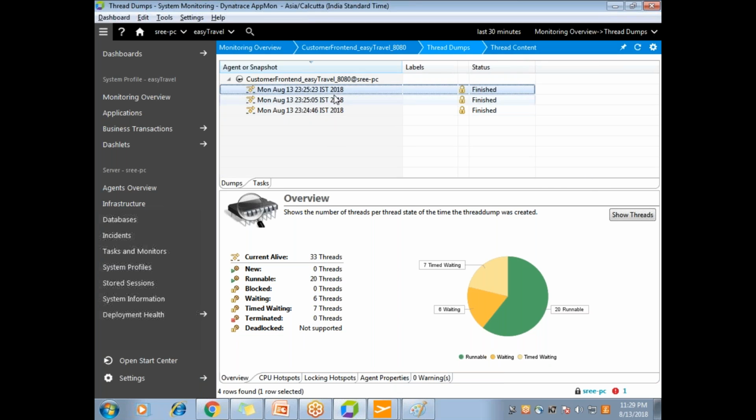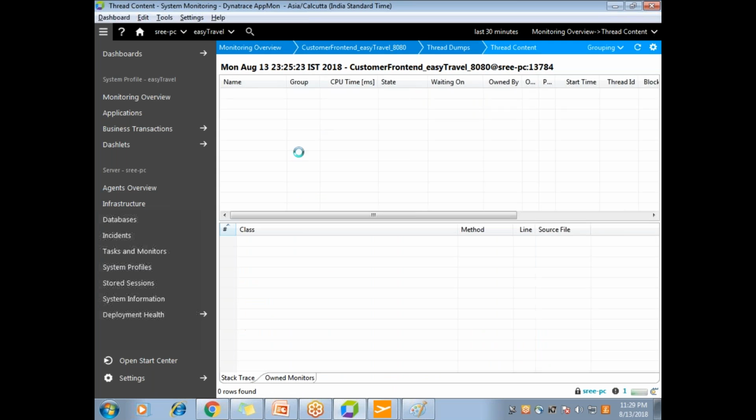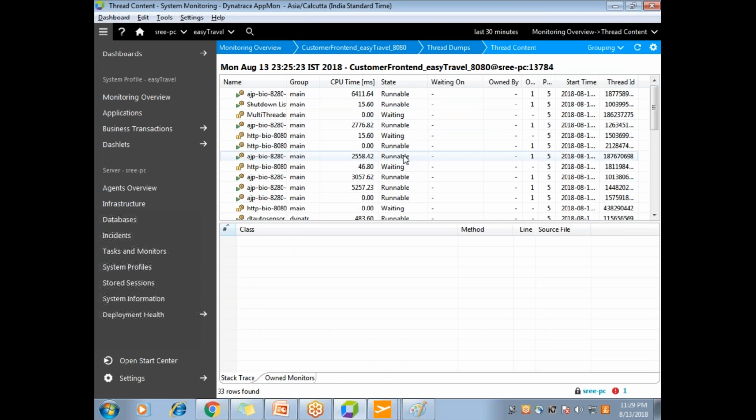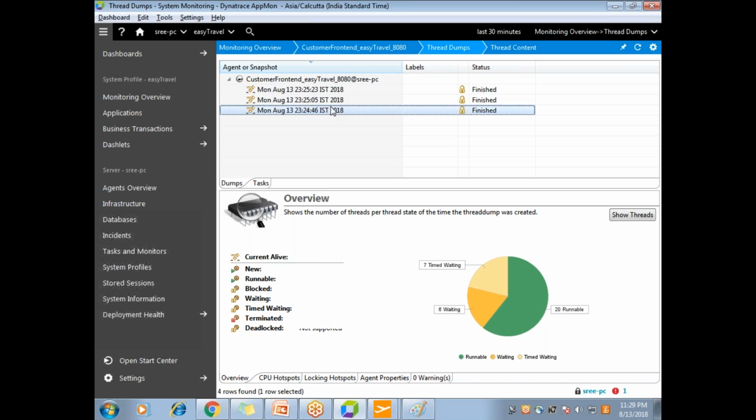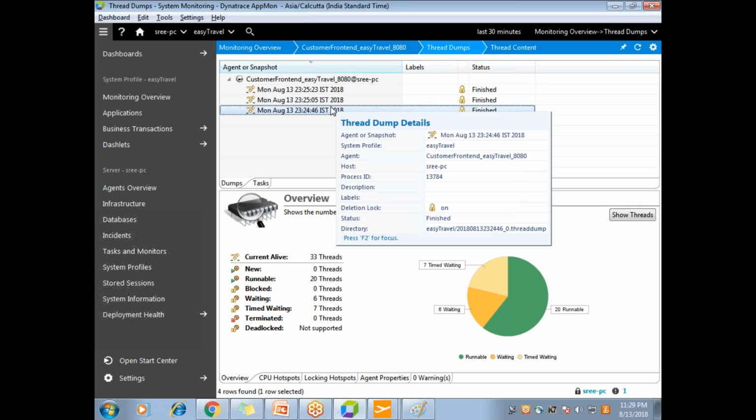Once there is a deadlock, you double click on it and you see which thread is getting into the deadlock, and immediately report to the developer that this particular thread is in a deadlock. You need not even look at the other snapshots. When you look at the other snapshots, if the same thread is blocked continuously, you don't want it to be blocked for too long a period of time.